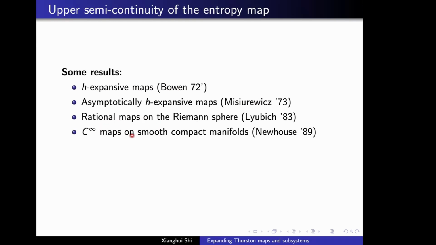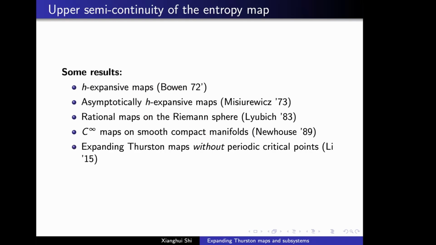In the area of smooth dynamics, Newhouse demonstrated that for C-infinity maps on smooth compact manifolds, the entropy maps are upper semi-continuous. In the context of expanding Thurston maps, Xianghui Li shows that if there is no periodic critical point, then the entropy map is upper semi-continuous.